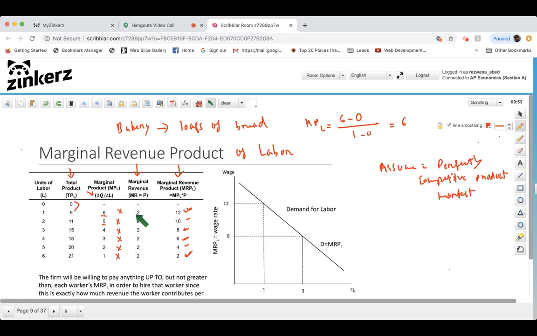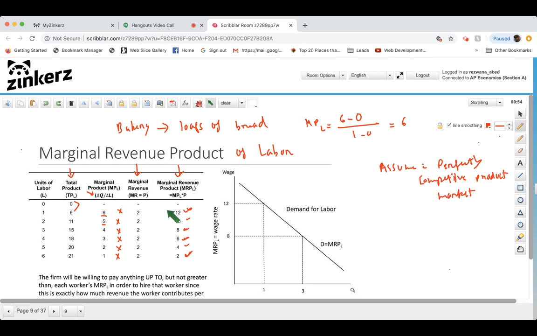So the addition to our revenue from that first worker was 6 times 2, or $12. What we understand from the marginal revenue product is that this is how much we value that employee, how much he is adding to our total revenue.